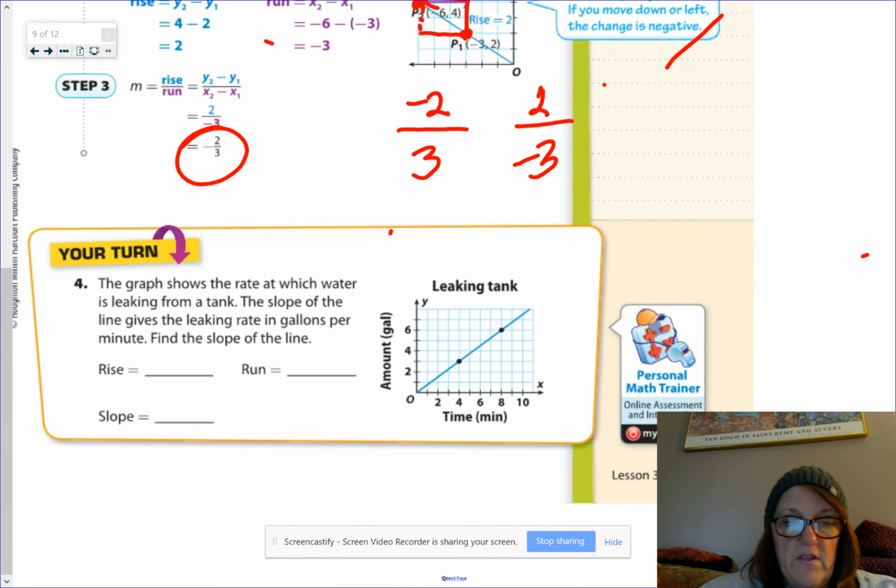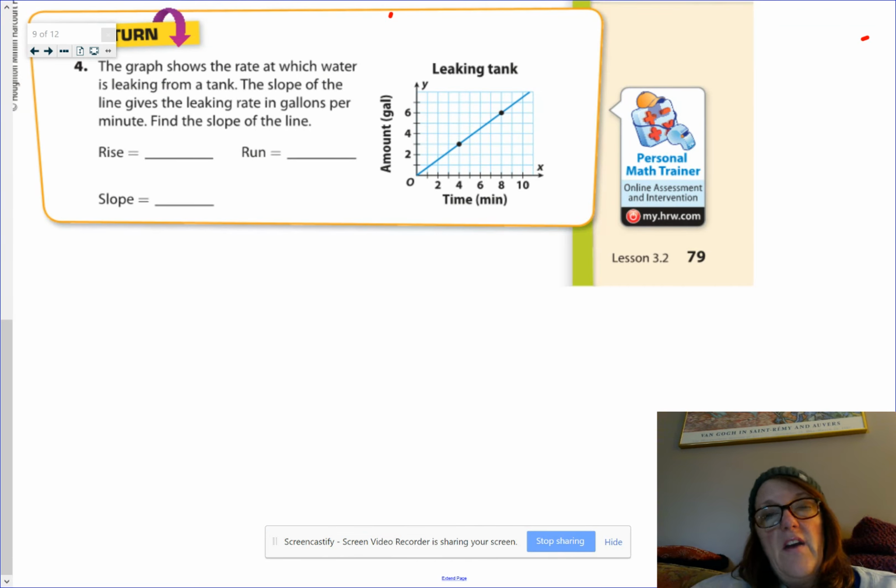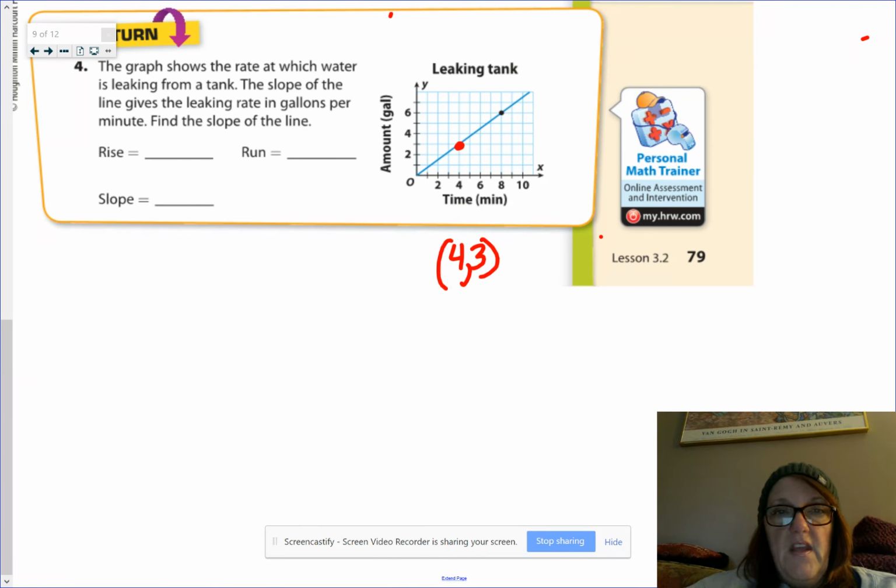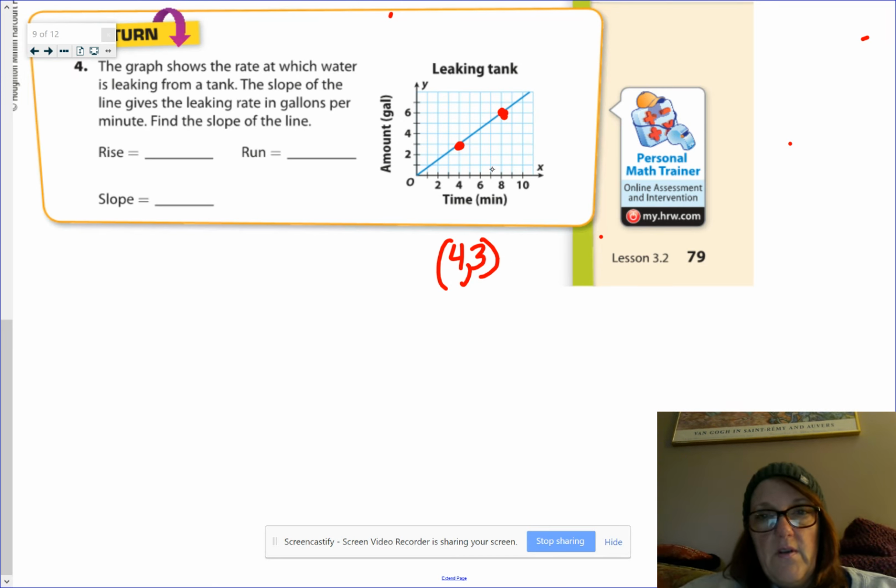All right, here's a point. This is at an x value of 4 and a y value of 3. Here, this one appears to be where x is 8 and y is 6.